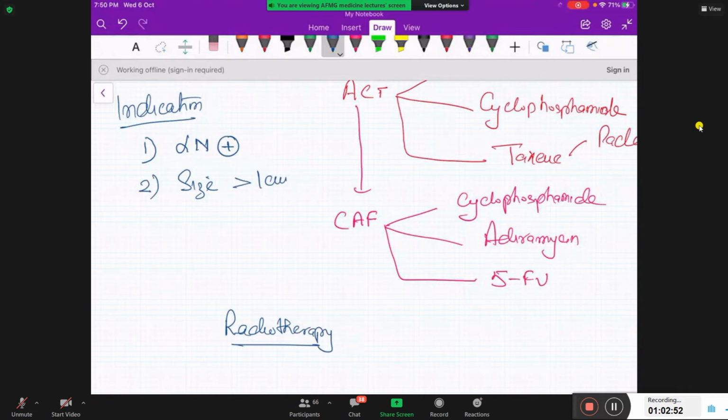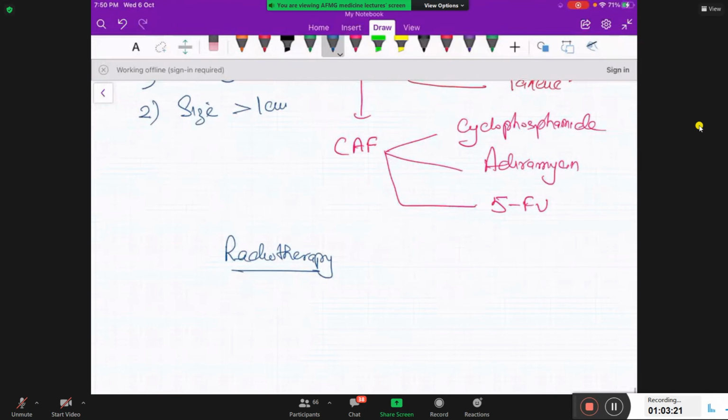It will kill the cells in the blood also, and in the lump also. But radiotherapy only has a role at the local site. Radiotherapy never has a role in the blood. So it doesn't have a systemic control. It only controls the disease locally, right? And when to give radiotherapy?